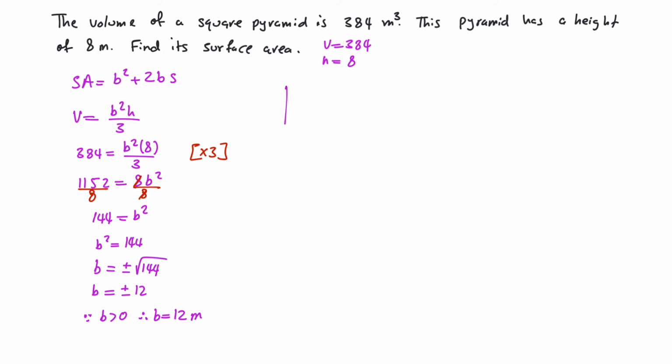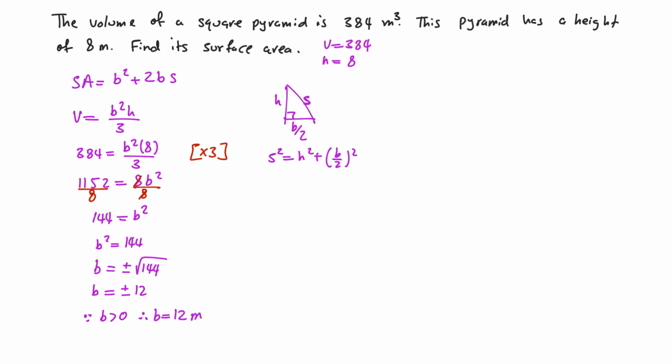All I have to do is draw out my right angle triangle, and I have my hypotenuse as s, my height and b over 2 as my short length. It could be one of the longer lengths, but we can just draw it out like this and do the calculations. So s squared is equal to h squared plus (b over 2) squared.